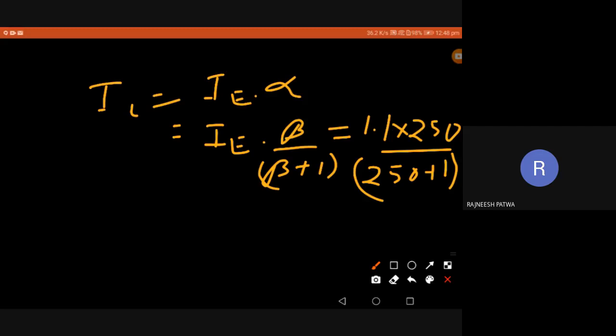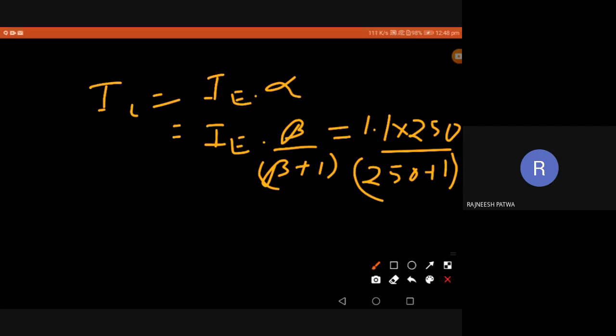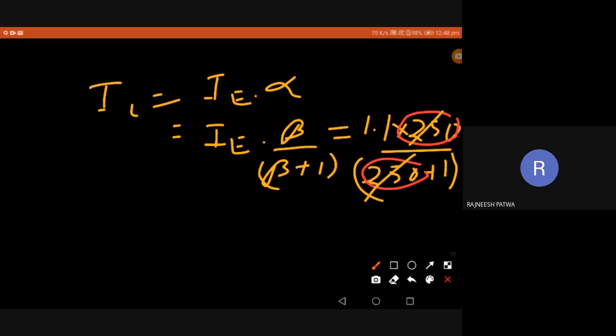So you can see one more thing, as beta is increasing. The beta value is 250, 250 in the numerator, 250 in the denominator. Here also I can have a very good approximation for practical purposes, like 250, 250 cancel. I just approximated this and neglected the 1. 250 by 251 is around 0.99 something. So here also, IC is approximately equal to IE. I can take it as a very good approximation for all practical purposes.